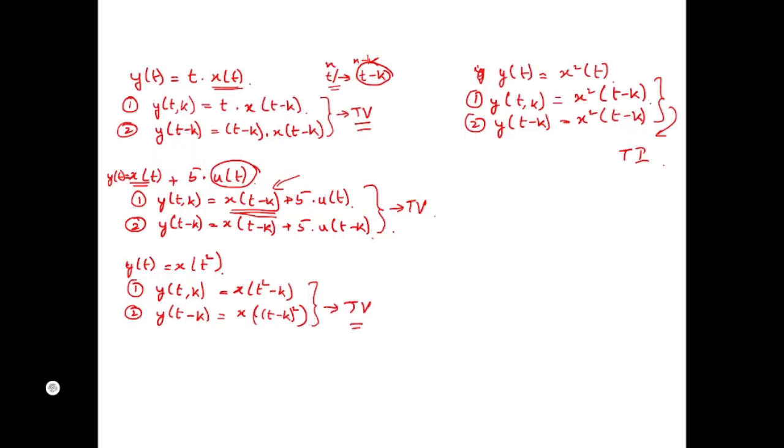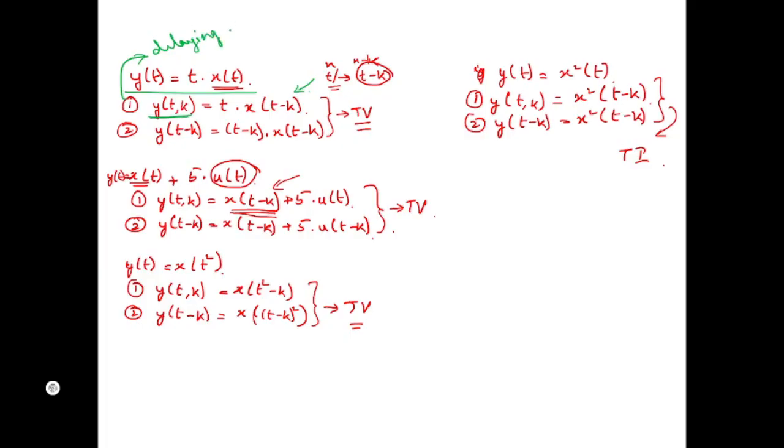We will take an example to get an understanding of what is happening. Say, for example, we have the system y(t) equals t multiplied by x(t). In the first case, we will be delaying the input.